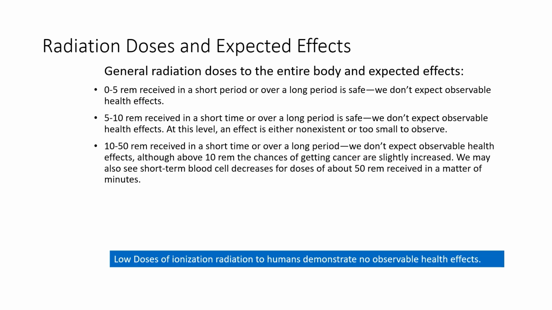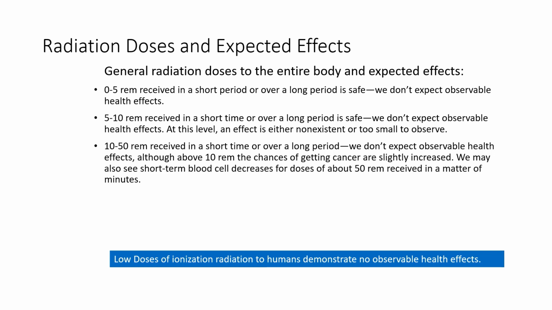10 to 50 REMs received in a short time or over a long period, we don't expect observable health effects, although above 10 REM, the chances of getting cancer are slightly increased. When we say chances, we're talking about the probability.